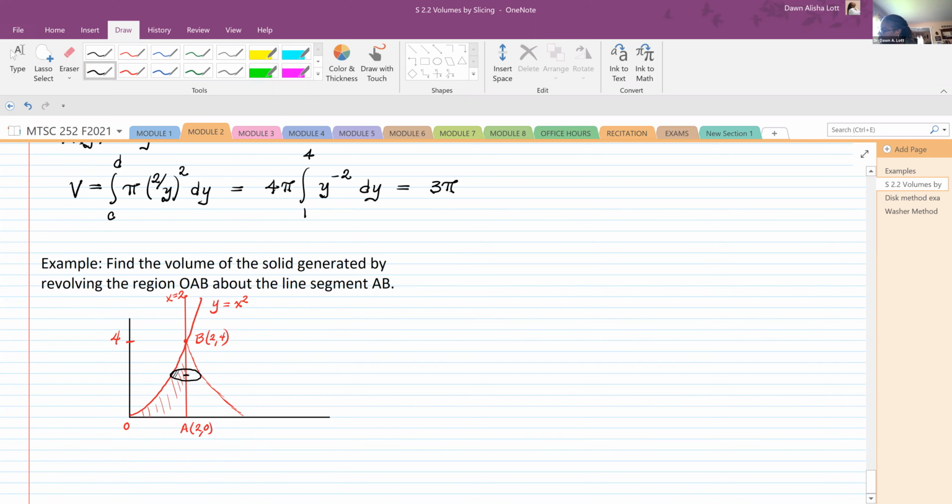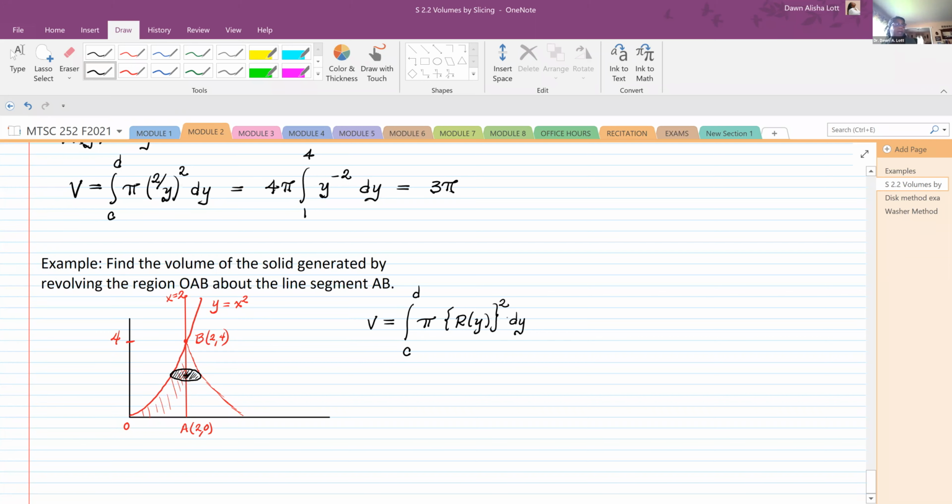So I already know I'm using volume by disk, and my disk is horizontal. So therefore I'm going in the y direction. The integral from c to d of pi times r of y squared dy.